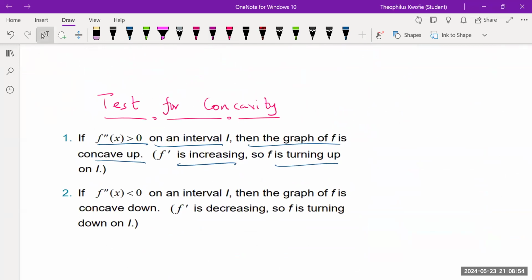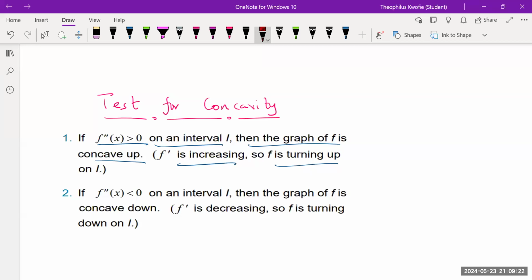Then we also said that if, on the contrary, the second derivative of the function is less than 0 on that particular interval AB, then we claim that the graph of the function is concave down, which literally means that our first derivative is decreasing.